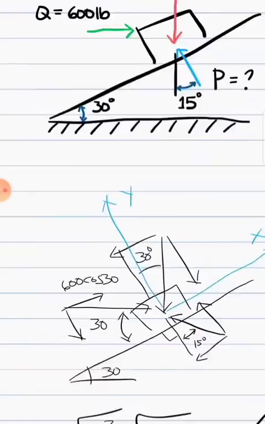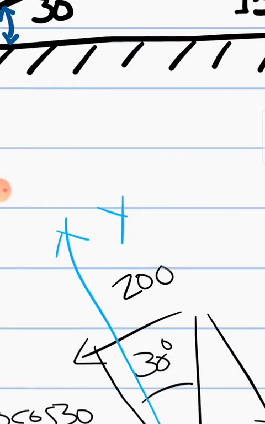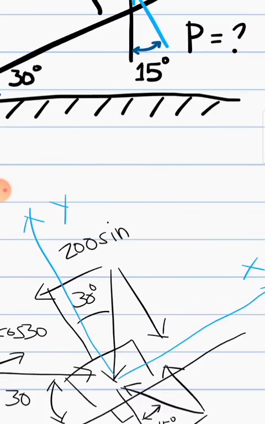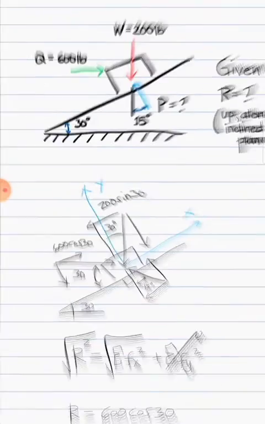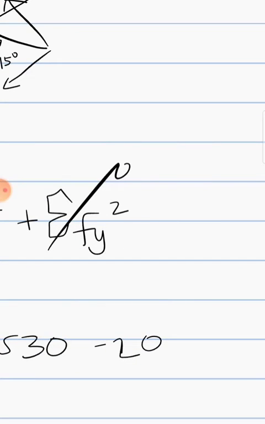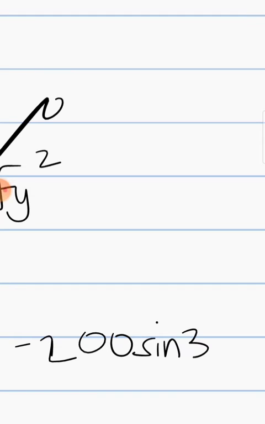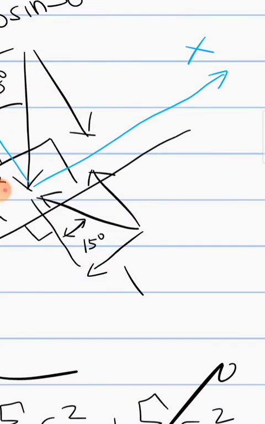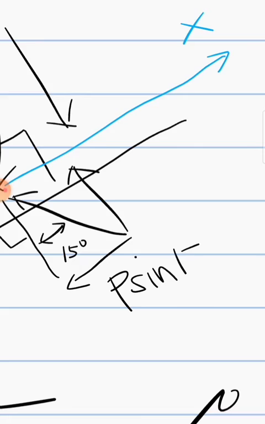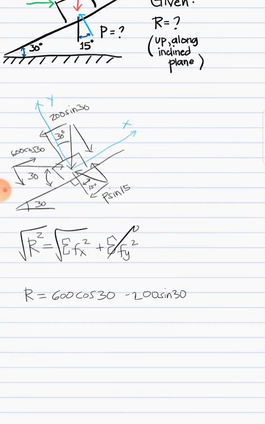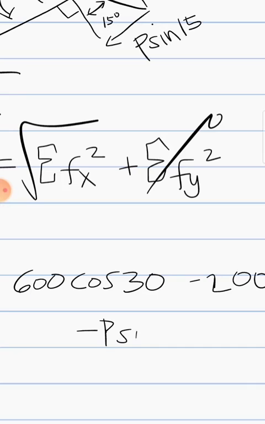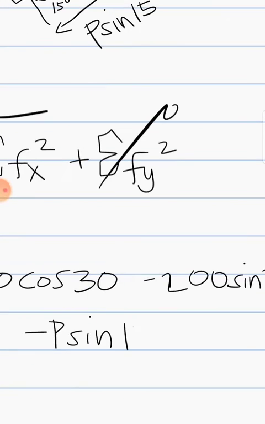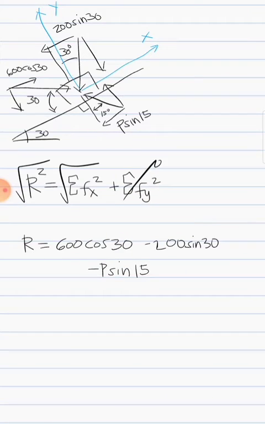That's the weight, which is 200 sine of 30, going negative. And then the third one, P sine of 15, also going negative, so minus P sine 15. So that's it. We have the resultant.